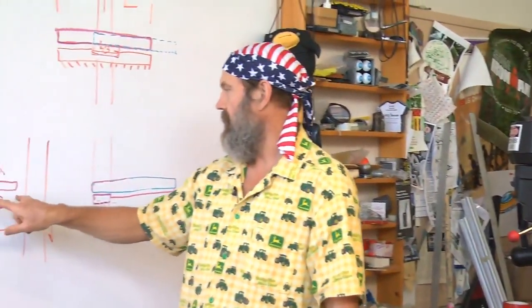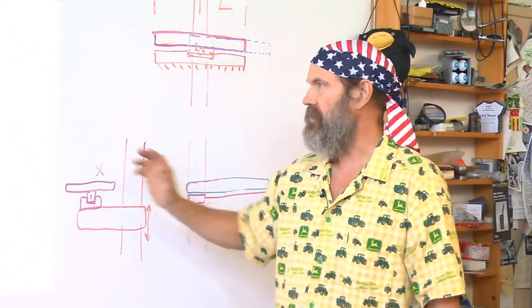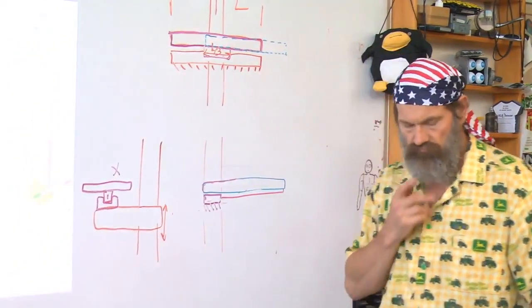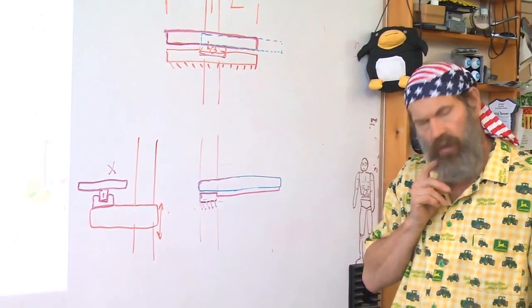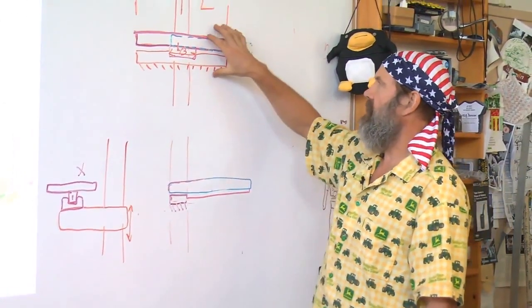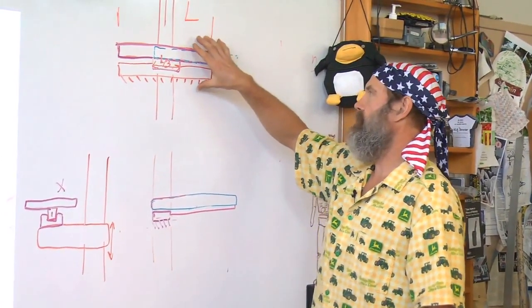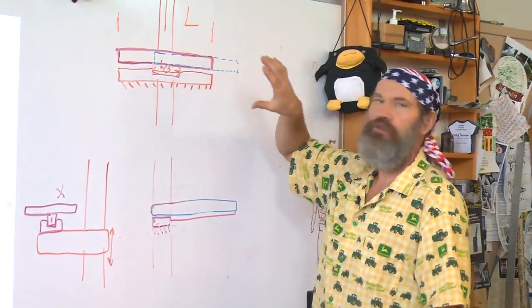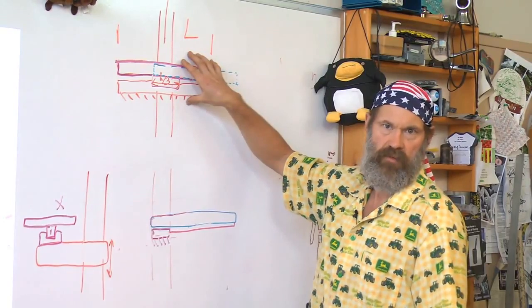Okay, so the next step is we need to add the y-axis. Would it not make sense potentially? Is there some way that we can take this same logic and apply it to the in and out motion? How would we do that?